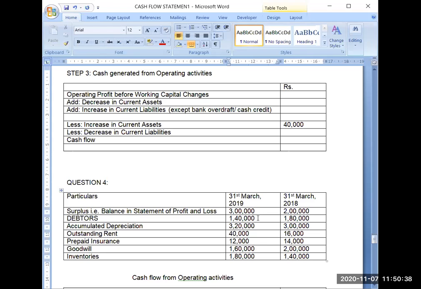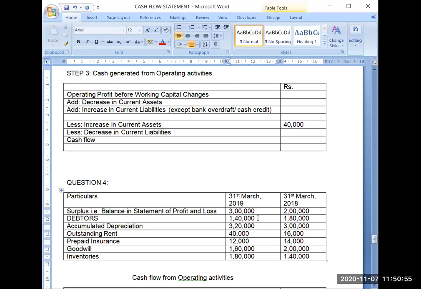Only when I receive some cash from the debtors. Suppose I received 40,000 cash from them, so I will do the journal entry cash account debit to debtors account.